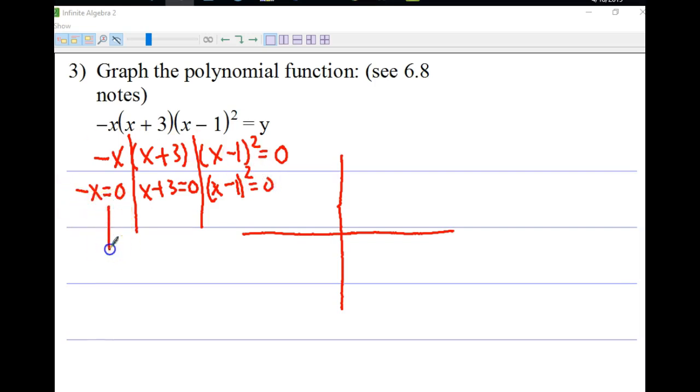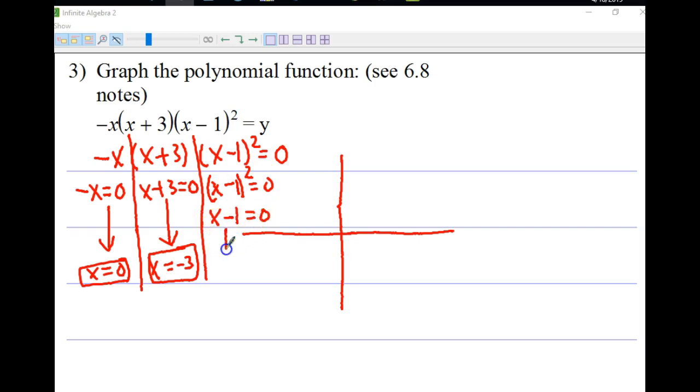So this one obviously is just 0. That's one of our x-intercepts, or also known as roots. This one, if you subtract 3 on both sides, you end up with x equals -3. That's another one of our roots. This one, if you square root both sides, you just get this, and then adding 1 on both sides, we get 1.